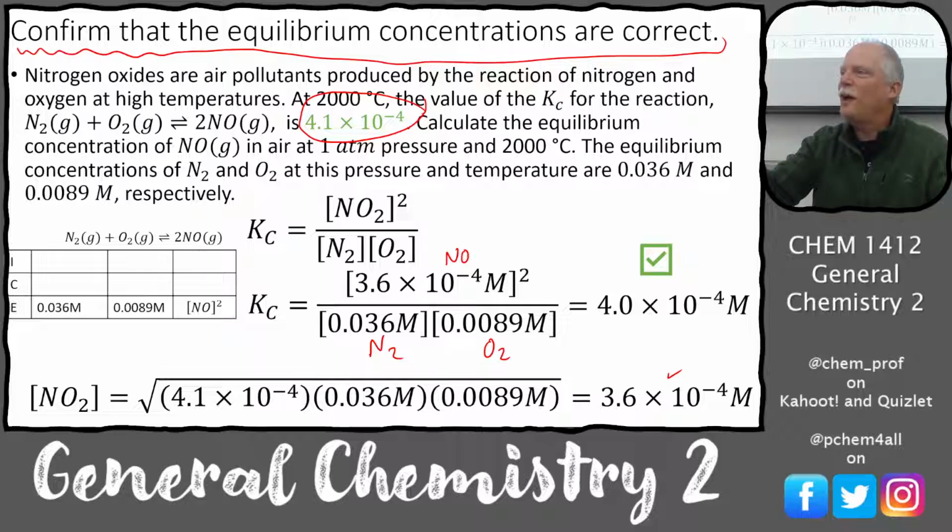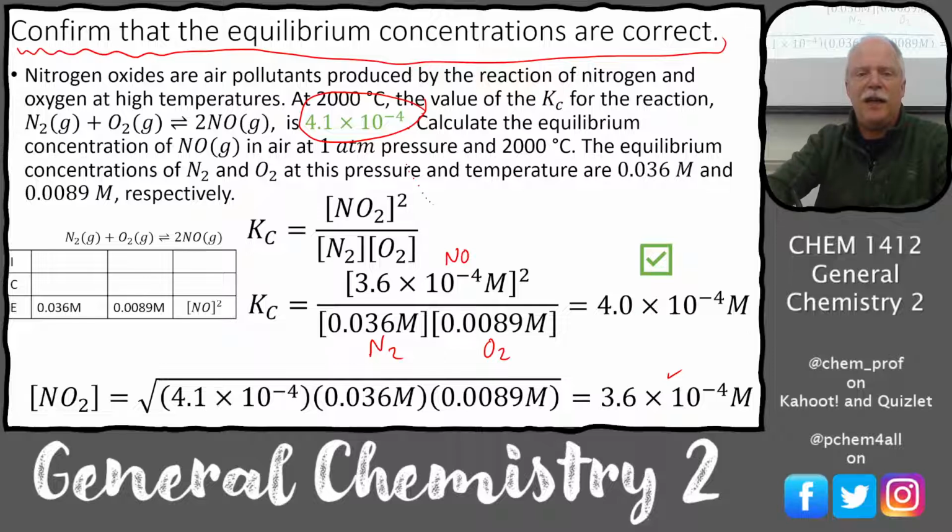Okay, so with your little rounding errors, if you get something like that, you're comparing 4.0 times 10 to the minus 4 to 4.1 times 10 to the minus 4, you're good. A 10% error would be a change of 4 in that second decimal place, or that second significant figure. And so this is about a 2.5% error. It's 1/4 of 10%. For Blackboard questions, I typically will give you plus or minus 5%. So this would be within that 5%.